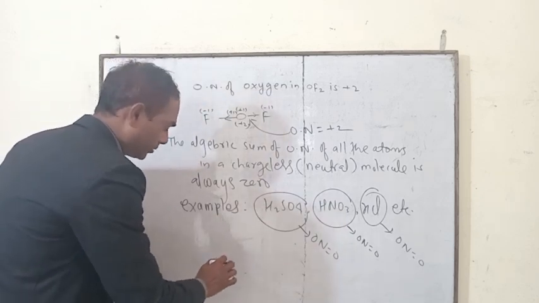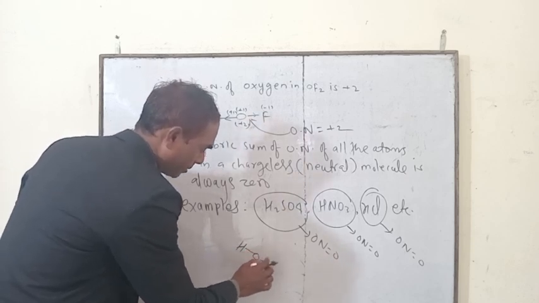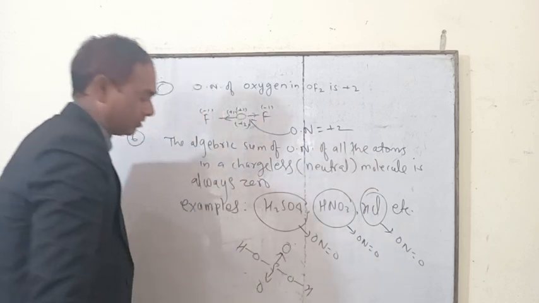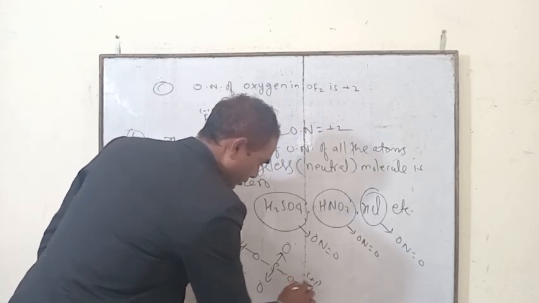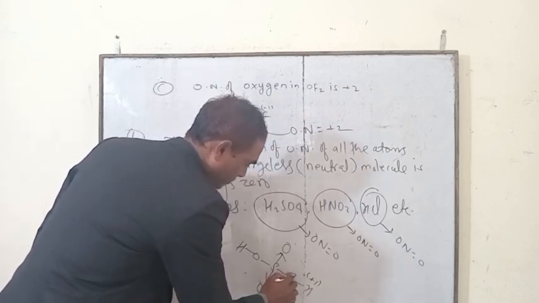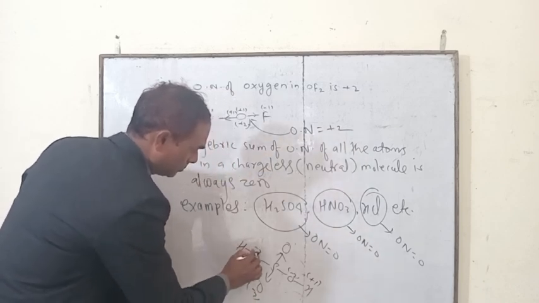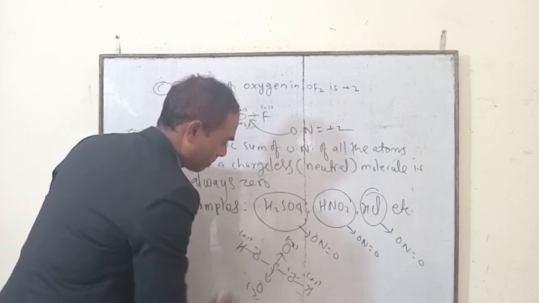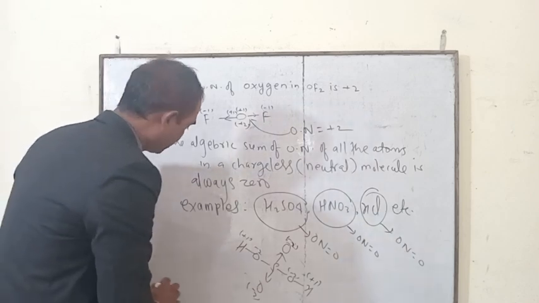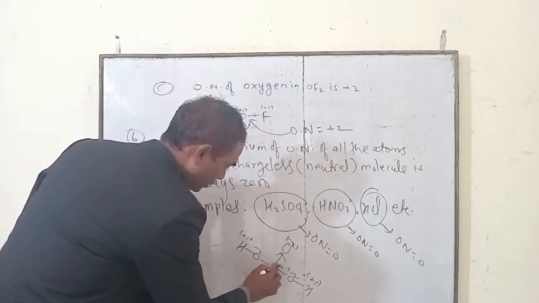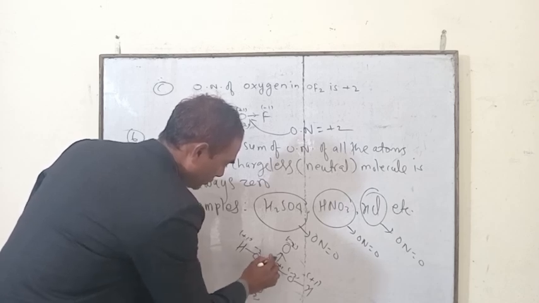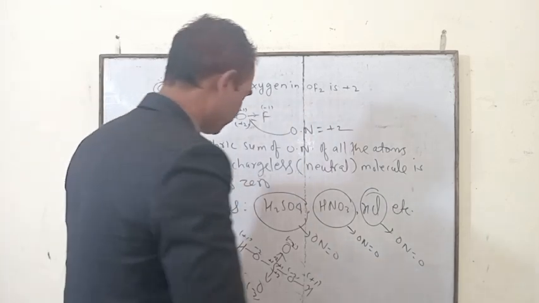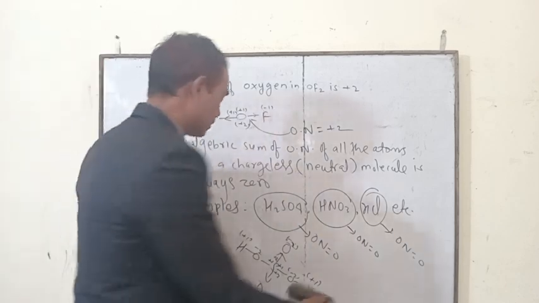Now we can write the molecular structure of sulfuric acid. Oxygen, here sulfur, oxygen, hydrogen, +1, here -2, -2, -2, +1, -2, and here in case of sulfur +2, +2.